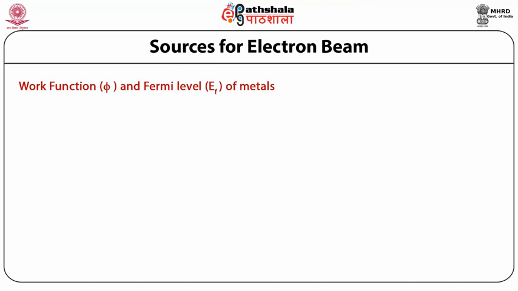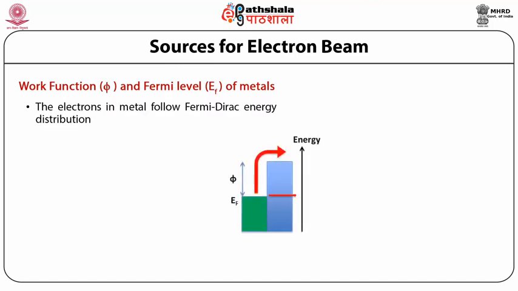Sources for electron beam. The electrons in metal follow Fermi-Dirac energy distribution. F(E) is equal to 1 divided by exponential (E minus Ef) divided by kT, plus 1, where Ef is the Fermi level of the material.